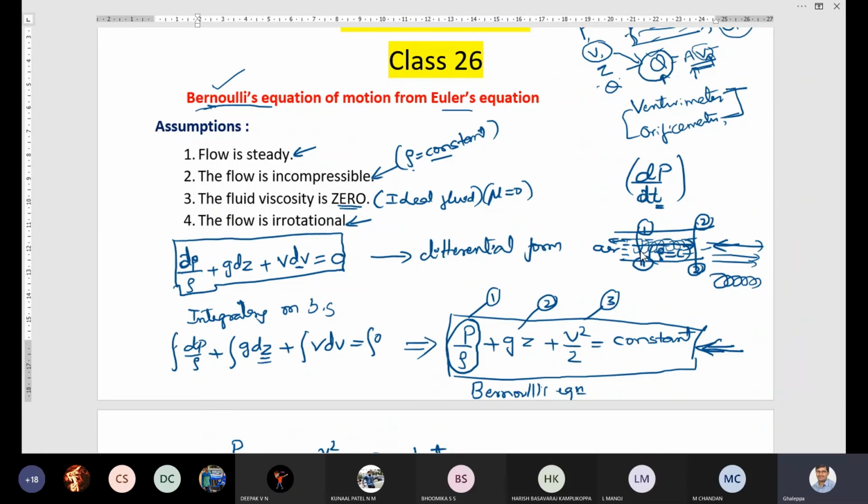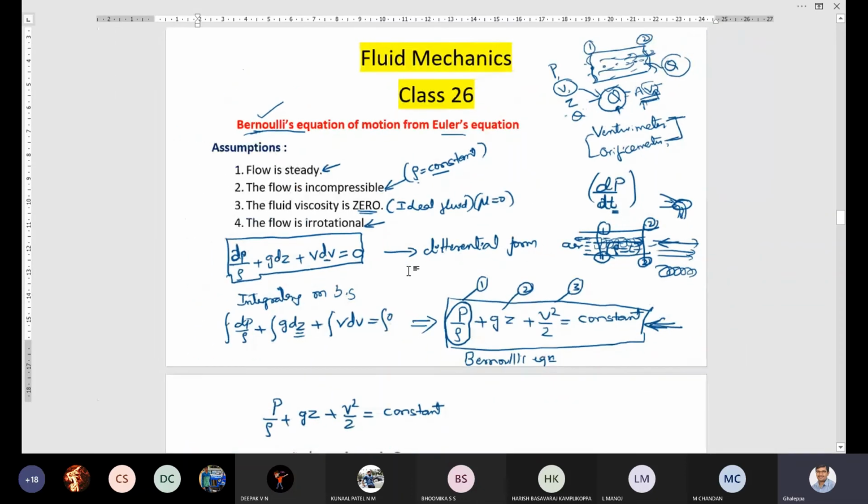Or if you change the area of the pipe suddenly, like a sudden decrease in the pipe, due to the change in direction as well as the change in diameter of the pipe, there is a chance of generating swirl motion. But here we are not studying all those things. It will be there for your higher studies. Okay, so this is the brief introduction about Bernoulli's equation.